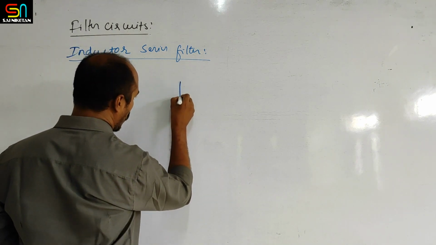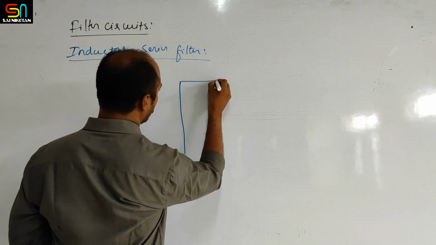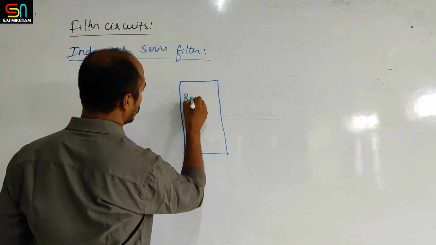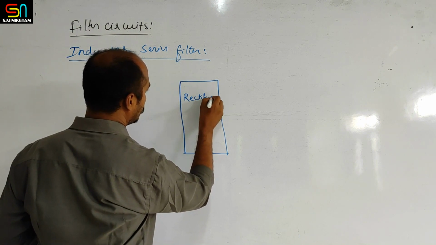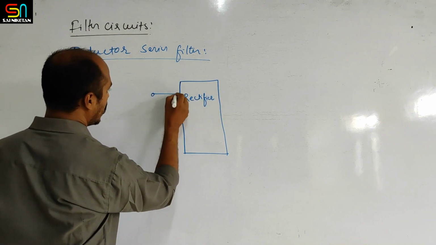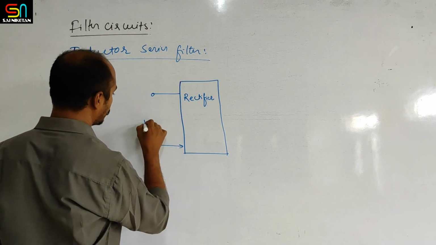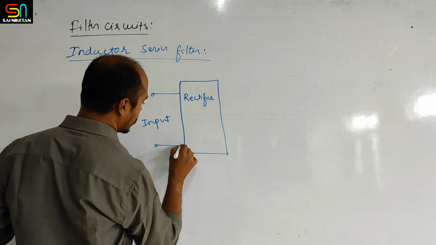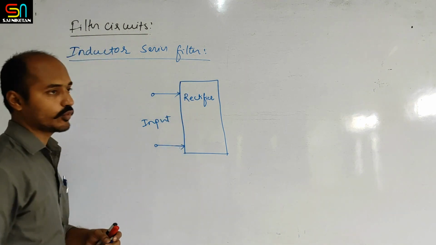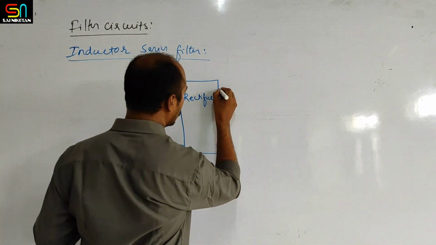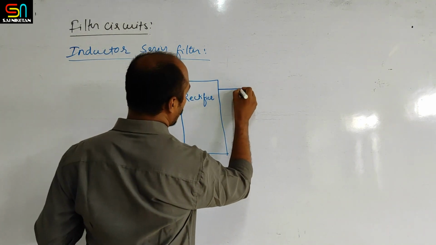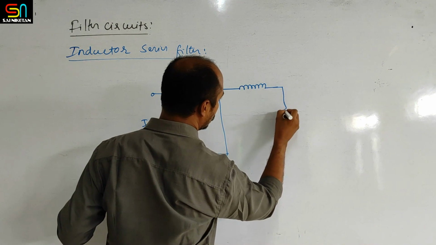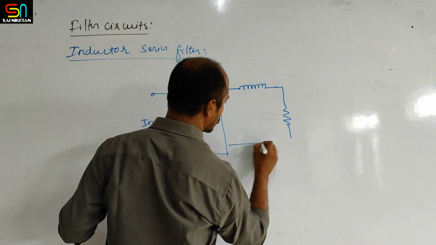So I am showing a block diagram for the rectifier. This indicates the rectifier. It may be a full wave or a half wave rectifier, and this is the input. It is unidirectional output, and whatever the output is got, that is passed through the inductor, which is in series with the load resistance.